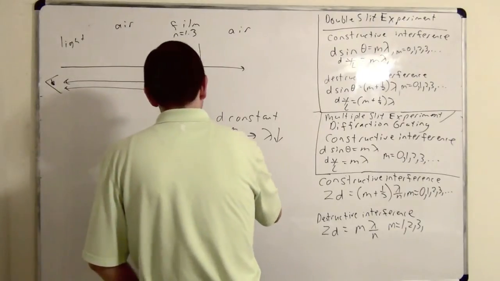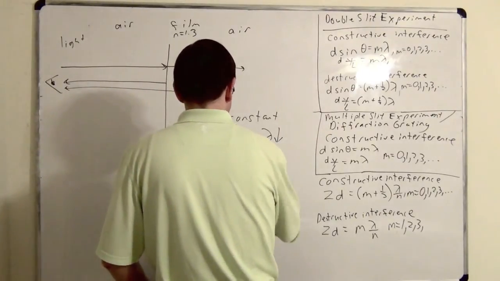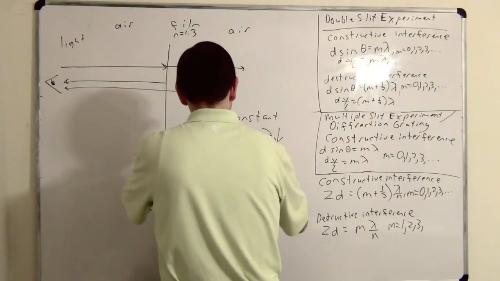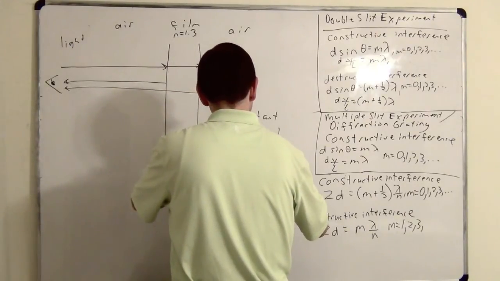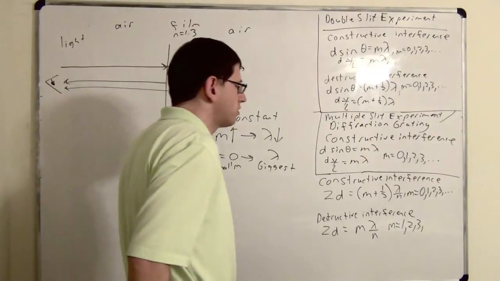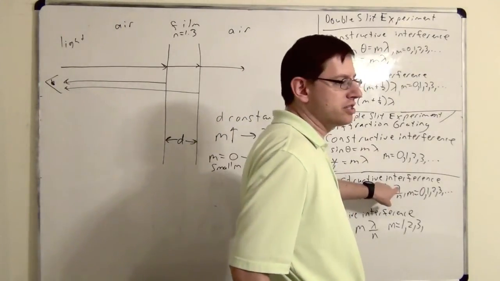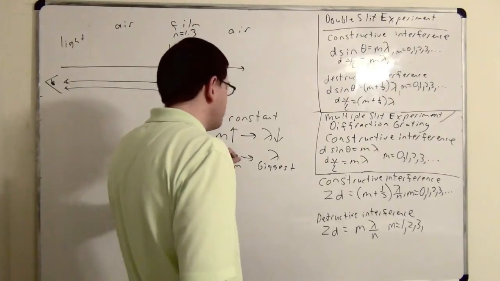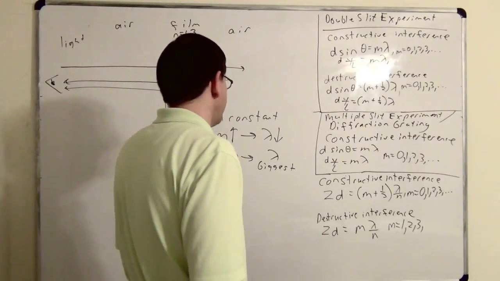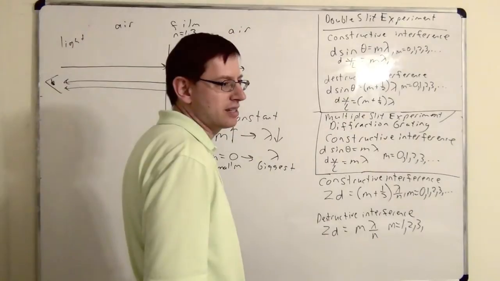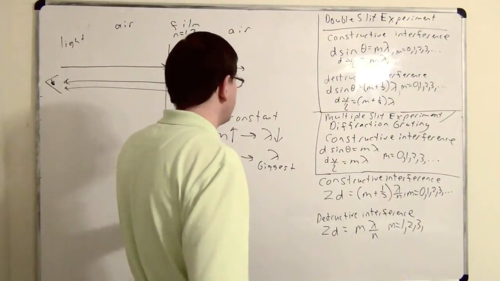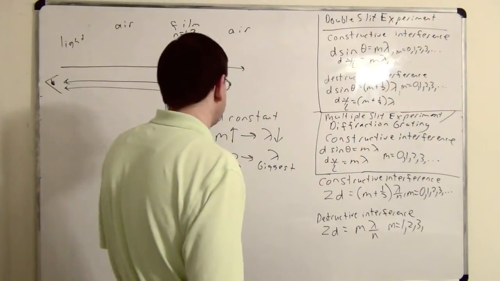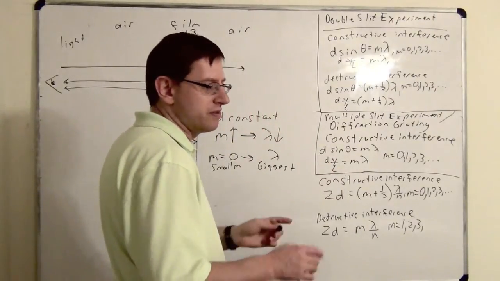So m equals 0, that would be a very small m, would give us the biggest possible lambda. So when m equals 0, this equation will tell you the largest wavelength that experiences constructive interference. And then when m equals 1, that gives you the next biggest wavelength that experiences constructive interference. Then when m equals 2, that gives you the next biggest wavelength, and m could just keep on going indefinitely.